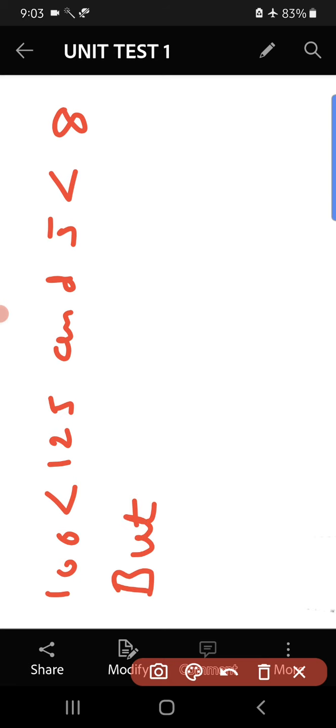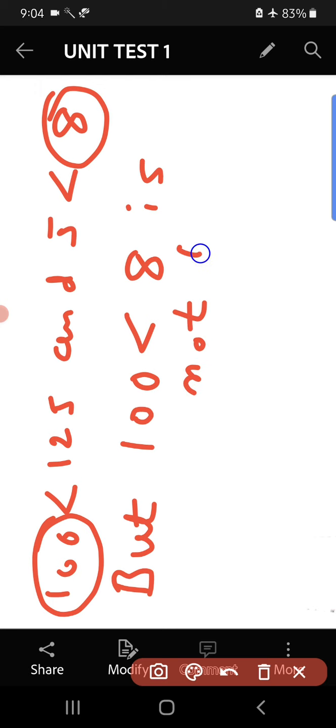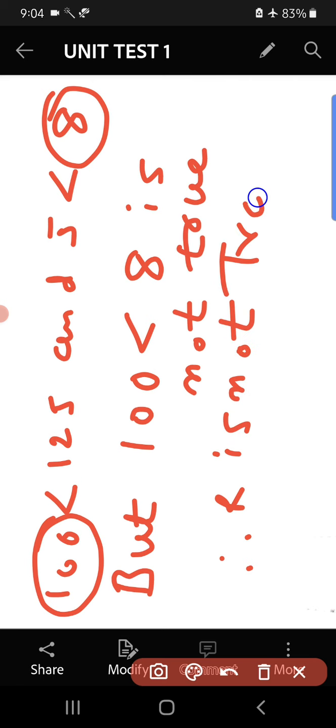100 less than 125 and 5 is less than 8. Both are true. But a less than or equal to c cube, that is, 100 less than 8, is not true. Therefore R is not transitive.